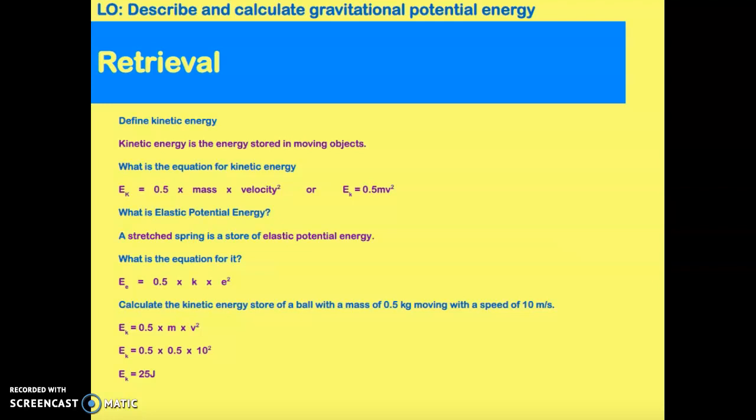Hopefully you got this one. You just had to use your equation, substitute in 0.5 for your mass and 10 for your velocity, and you should have got 25 joules. So if you need to, pause the video now and mark your work. Hopefully you got 5 out of 5.